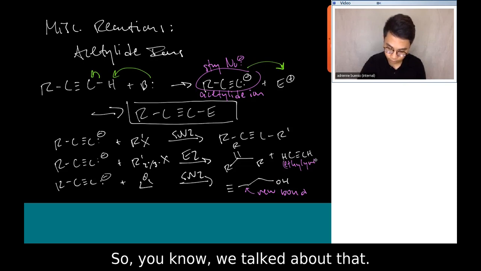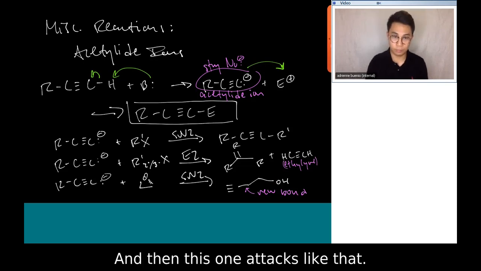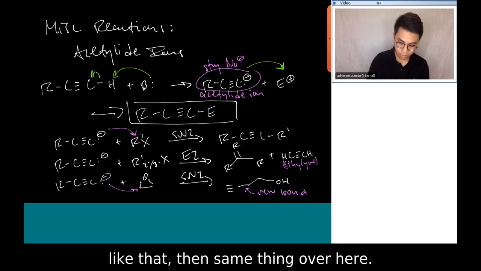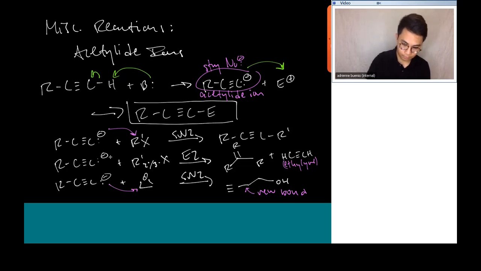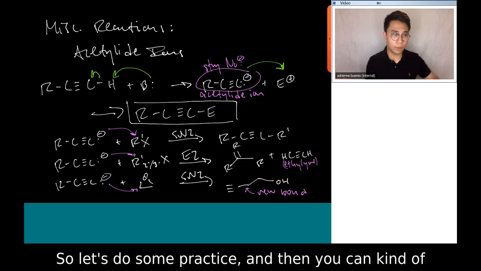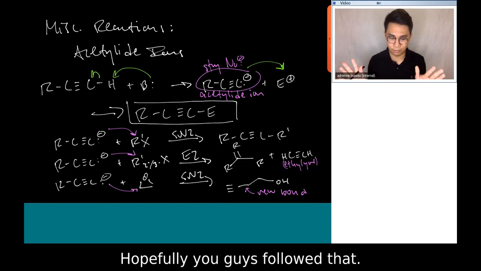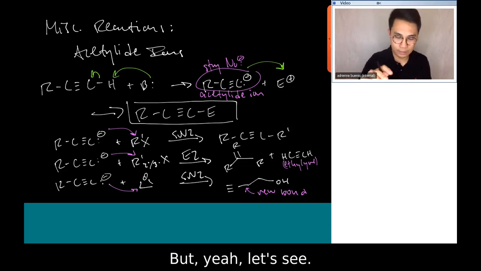So, we talked about that. And then this one attacks like that, right? So actually, let me draw it like that. And same thing over here, right? So let's do some practice, and you can kind of see this in action. Hopefully, you guys follow that. But yeah, let's see if you get it.